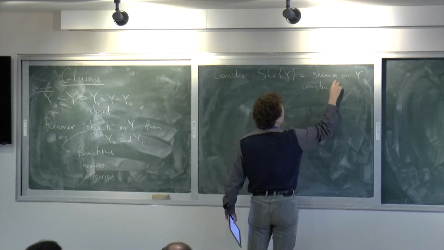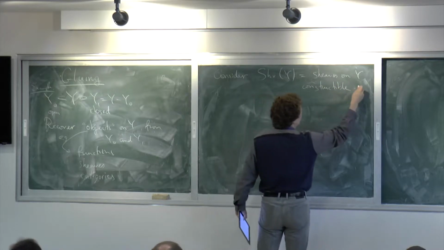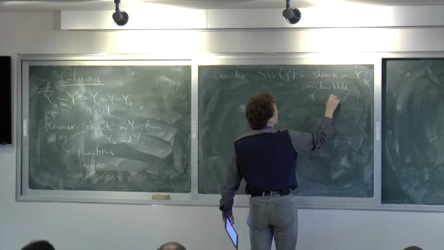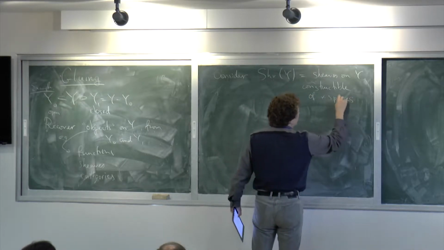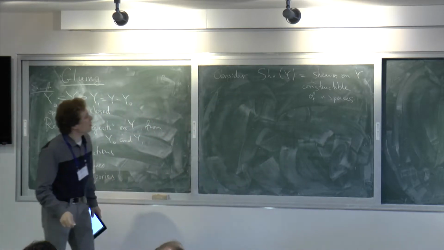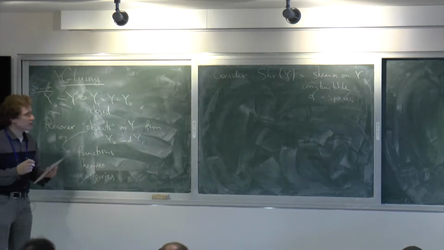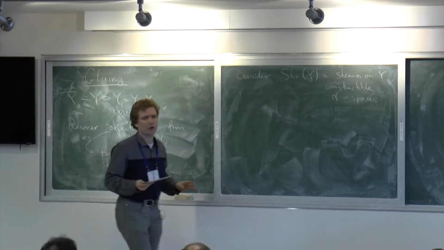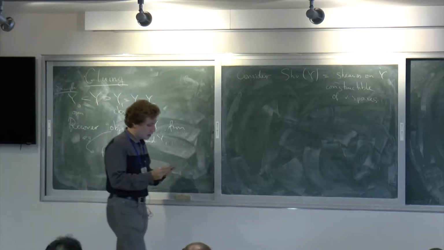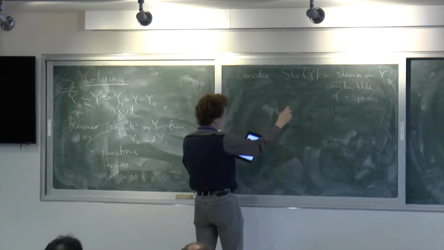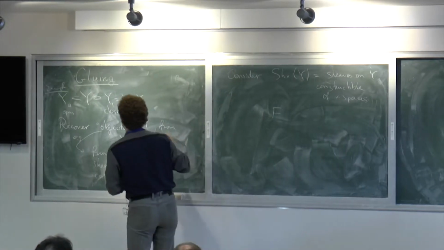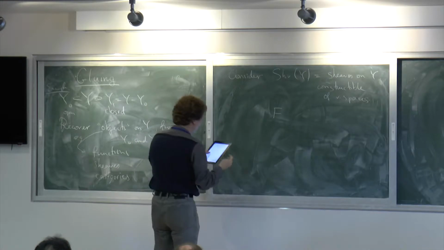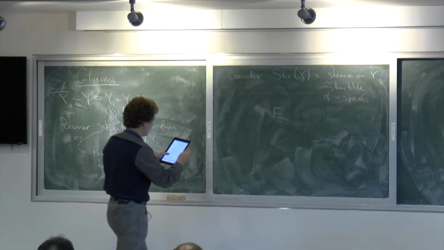So sheaves of vector spaces, or maybe the derived category of such sheaves. As it usually happens, I don't want to work with the abelian category. Then it's well known how to relate a sheaf on Y to its restrictions to these two.